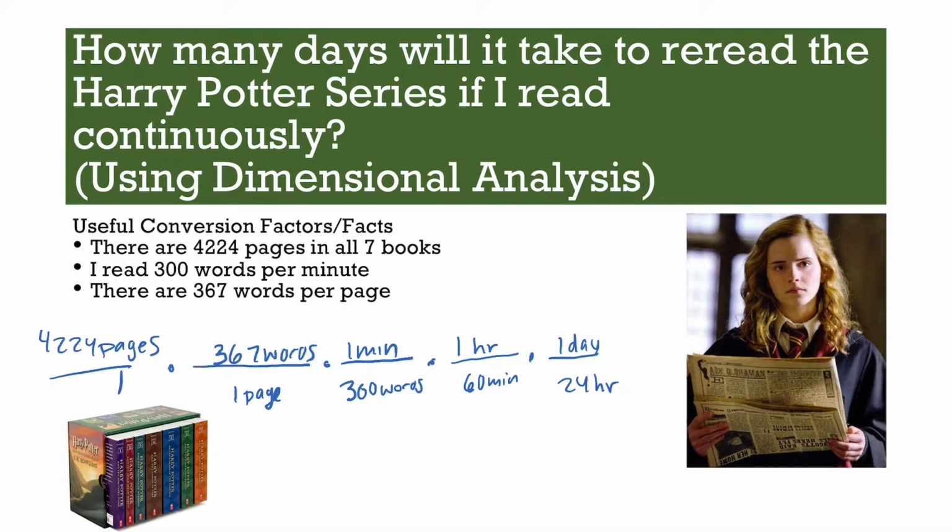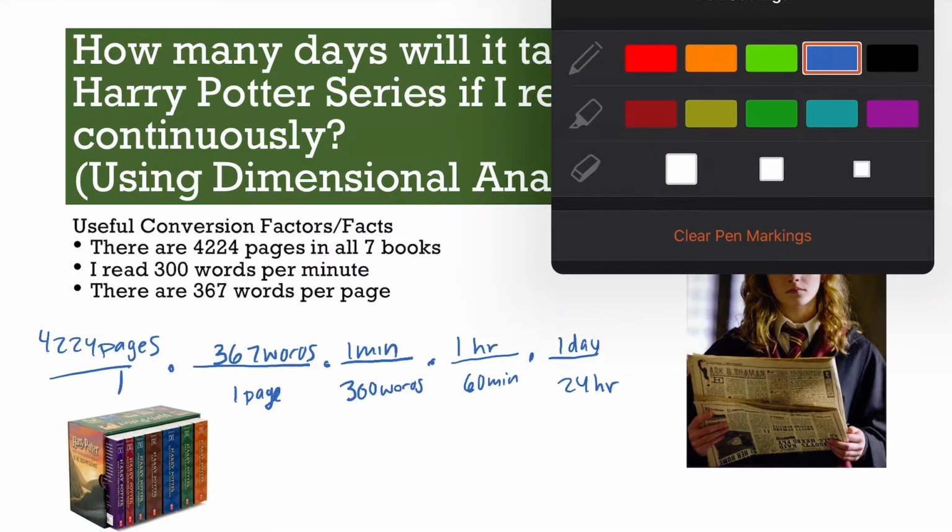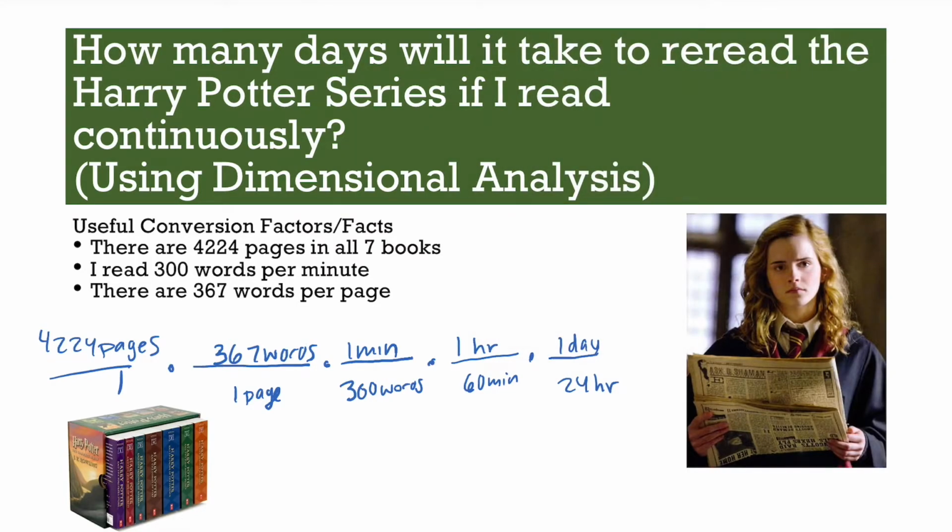What this shows is that I'm just stacking all these conversion factors and stringing them along, and that's what dimensional analysis is. Now, the way dimensional analysis works, all of your units should cancel out except for what you're looking for. The question is asking for days.